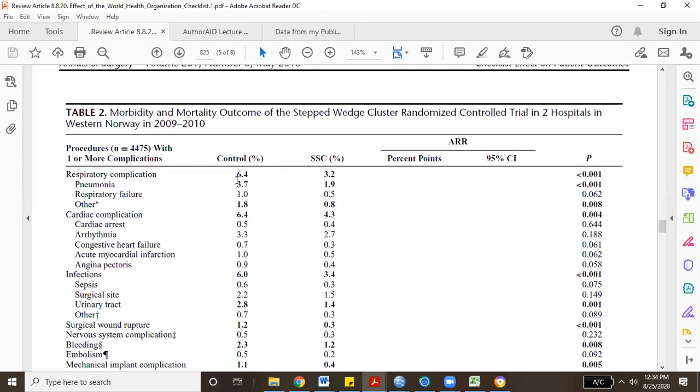Although I advised that it is proper practice to also have the absolute value. In this case, they had just the percentages. But in your own case, when you'll be doing any form of analysis, please represent the absolute value, then in bracket you include the proportion, so that someone can actually have an idea what the number of the respiratory complication was for control and what the number for respiratory complication was for the treatment, and could calculate it and see if these percentages that you have here is appropriate.